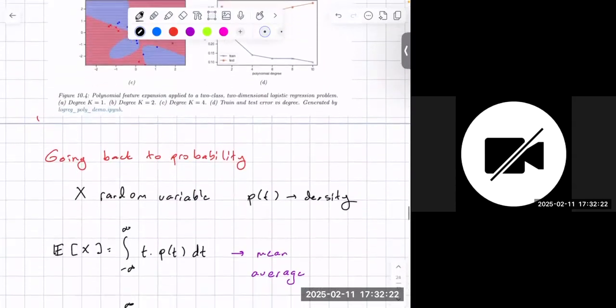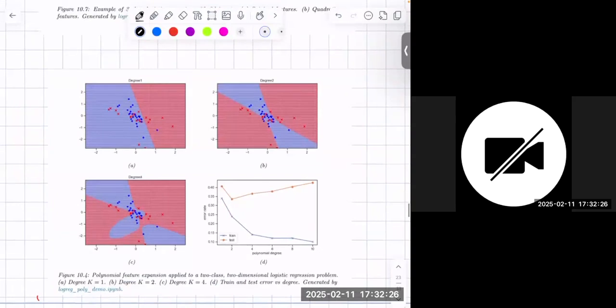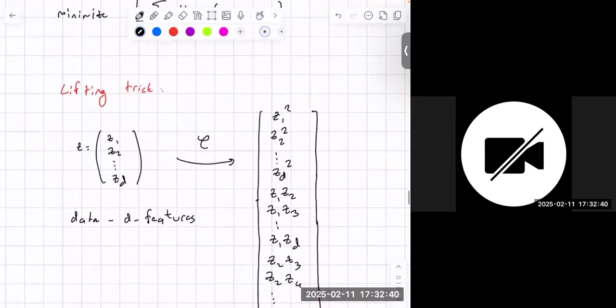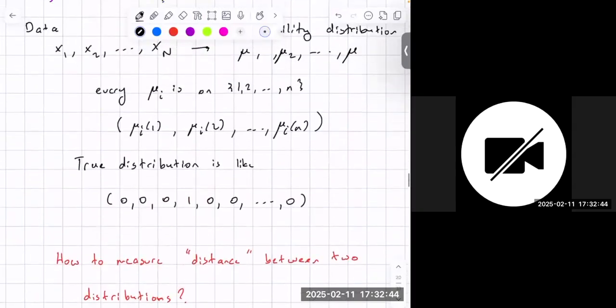Now let's do some more probability. So the punchline for me is that logistic regression is literally softmax on top of a categorical distribution. That's your model. And you're trying to find the best matrices and the bias to do that.